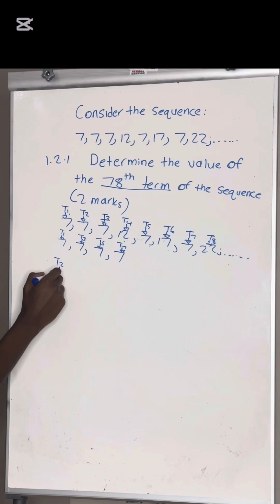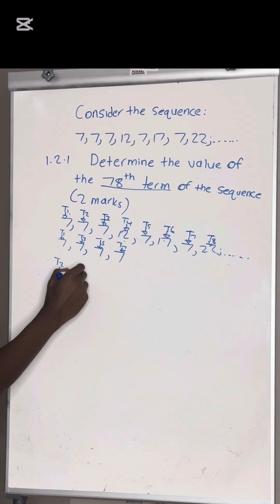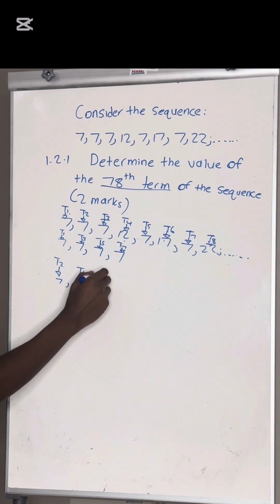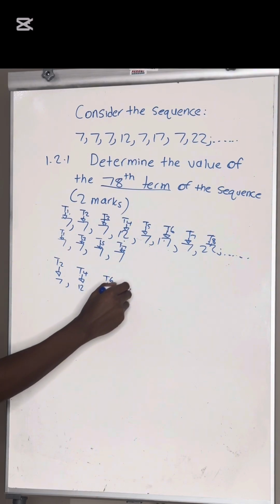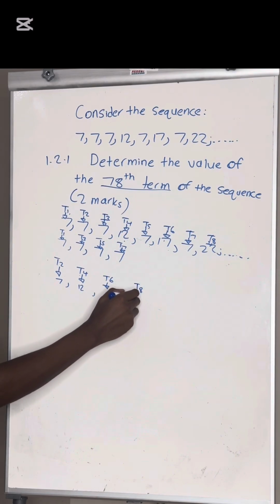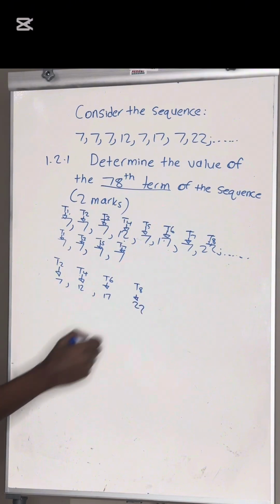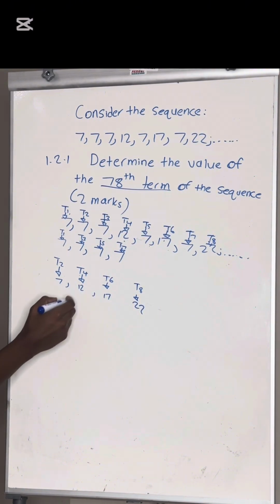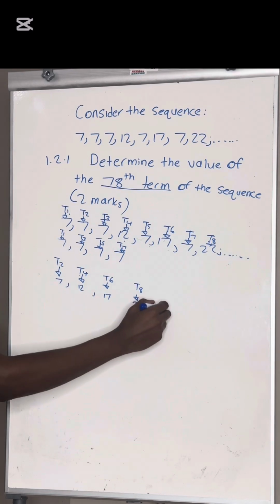We have 7. Term 4, we have 12. Term 6, we have 17. And then term 8, we have 22. So 7, 12, 17, 22. This is actually an arithmetic sequence.